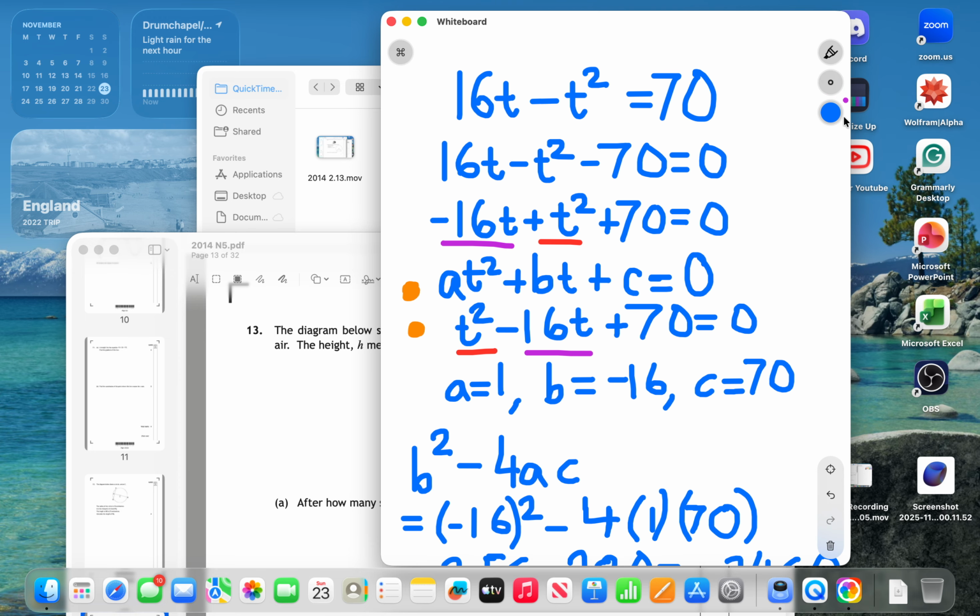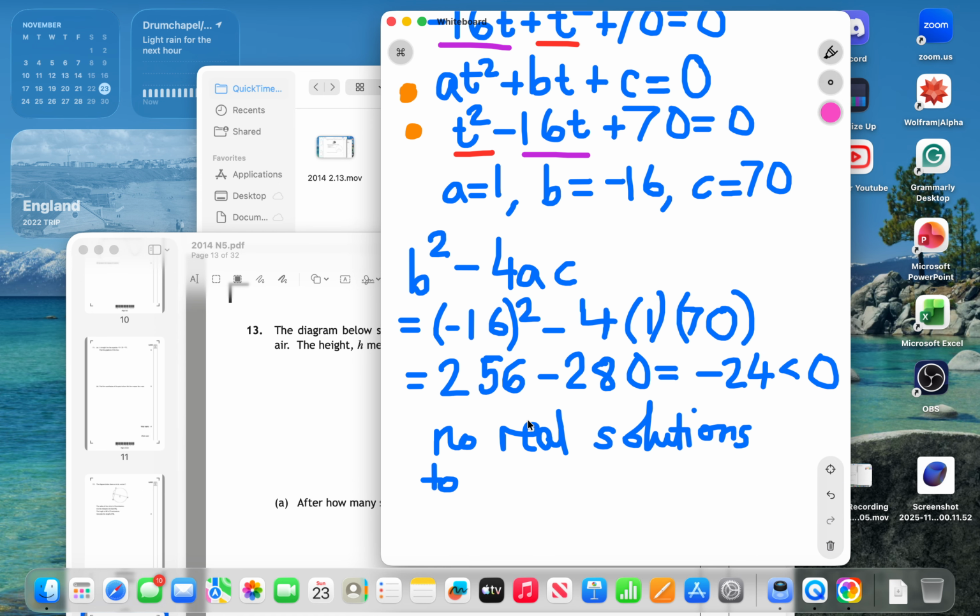I'm going to put a color code in this one, and I'm going to put a star, and we're going to say that there are no real solutions to the equation with the pink star.